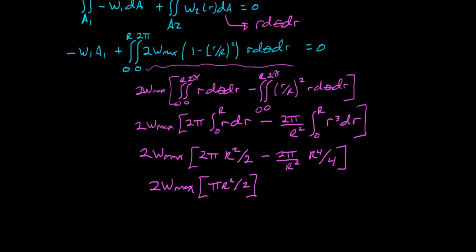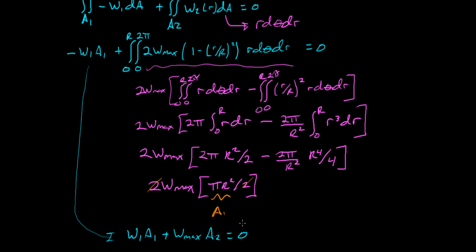And so you might be seeing something here, right? These 2's cancel, pi R squared, well that's just the area. And so we can now bring in the rest of the actual equation here as W1 A1 plus W max times A2, and that's equal to 0.